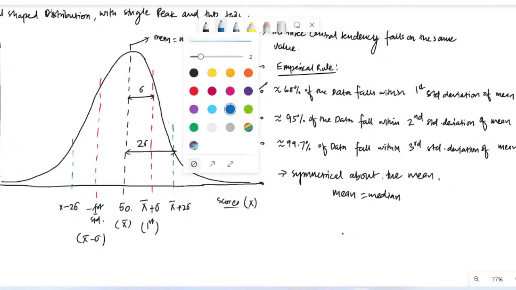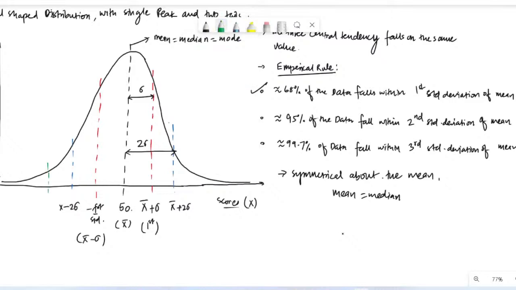Next is my third standard deviation, and we can call it x bar minus 3 sigma, and on this side x bar plus 3 sigma.